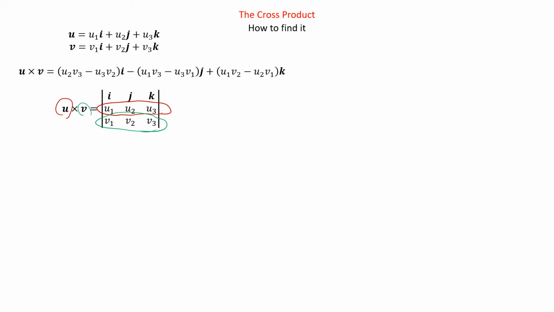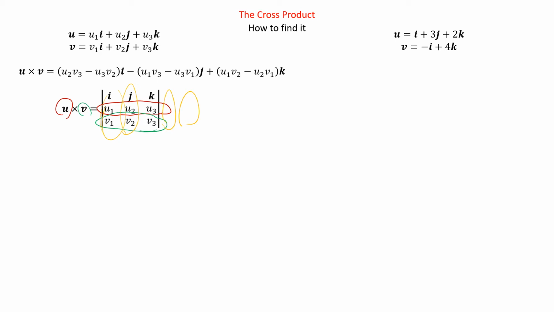And then we just find the determinant. Well, how do we find the determinant of these? We're going to do a problem or two here, but remember we're going to take these 2 and we're going to repeat them, and then we're going to multiply and add and multiply and subtract. So let's see an example of this, shall we?